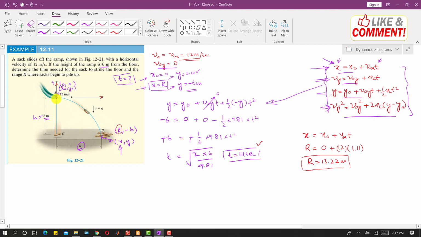So if we release the sack from 0 initial velocity, it will take the same time, 1.11 seconds, to reach this point C.